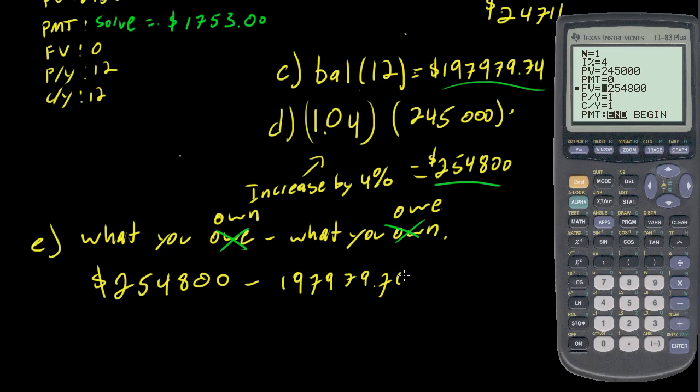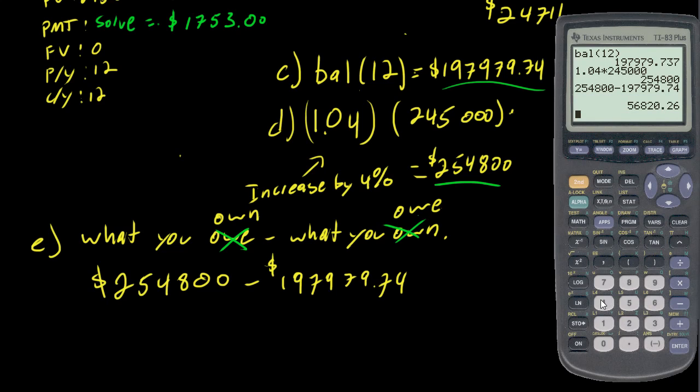These calculations can do a lot of things if there are other things to take into consideration, but we have all the pieces here in front of us for what you own and what you owe. So let's take $254,800 minus $197,979.74, making sure I put that in right.